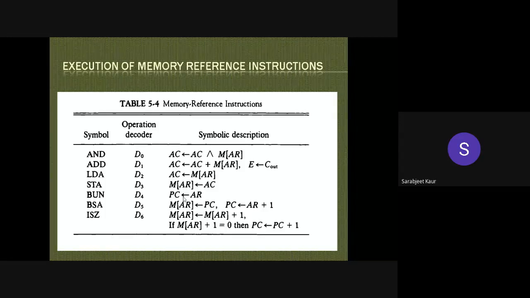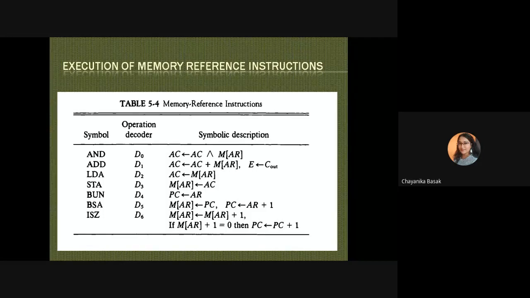Yes, ma'am. One little thing, can I ask? Yeah. In this BUN, we are transferring the address in the address register to PC, right? Right. So this address that is stored here, if we talk in C++ terms, is it the point where we have written the go to statement, or the X flag?